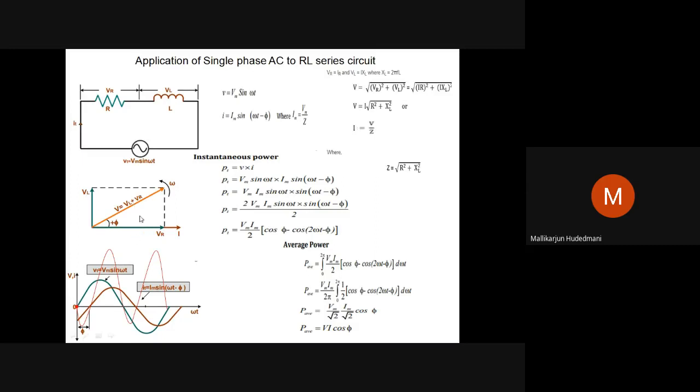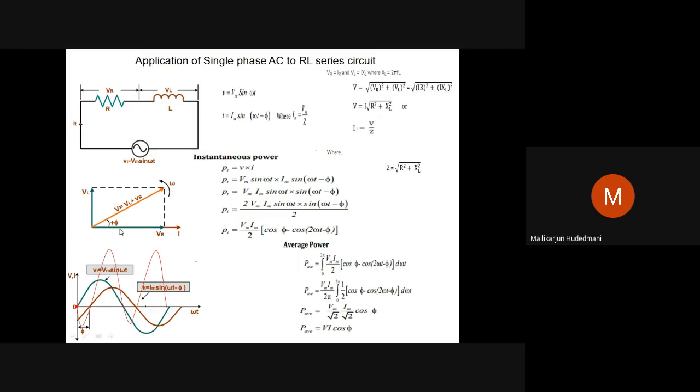Same thing I am saying. Instead of viewing this as your reference, suppose this was drawn horizontal, the I vector will be below that by an angle phi. Then this V and I maintain a phi angle. Now, when I take a component of this current I along V and across V, it is called I cos phi and I sin phi.